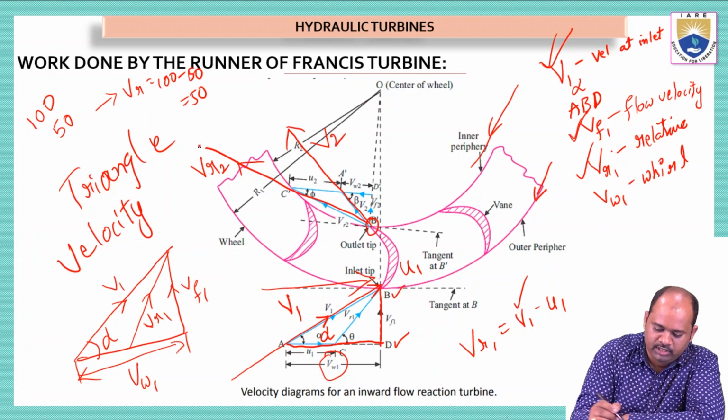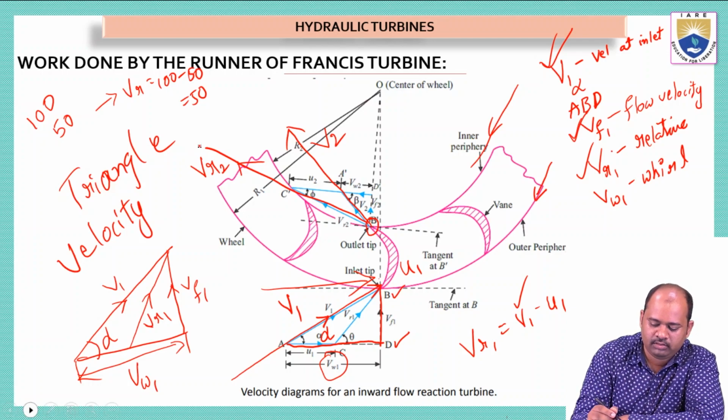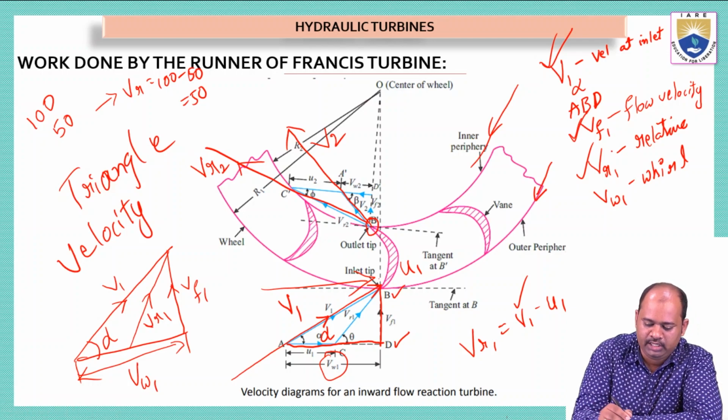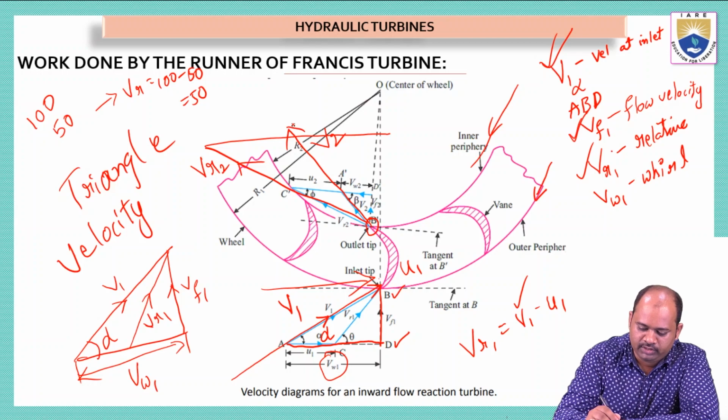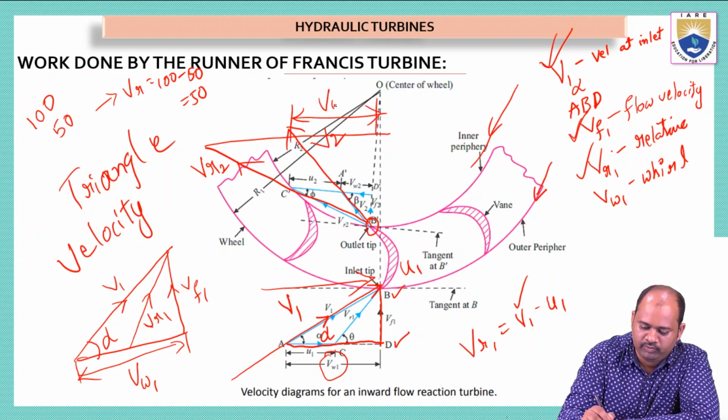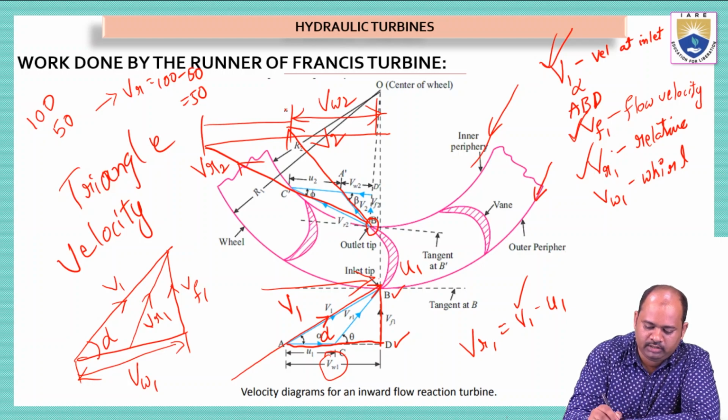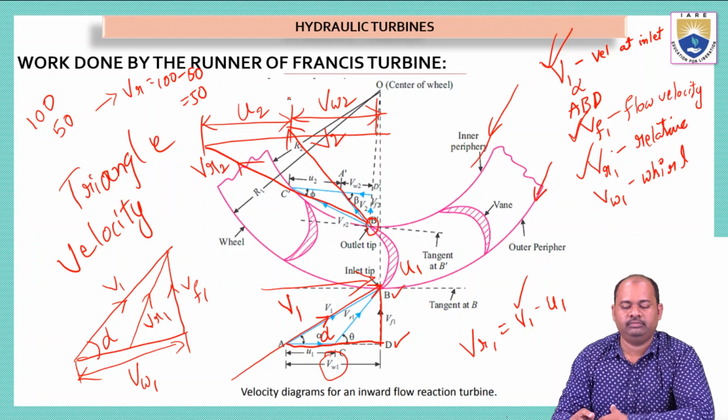Here the relative velocity is longer when we compare it to the inlet. If we form this triangle, this will give you the actual values of the whirl velocity. From here to here it is whirl velocity, vw2, and this is the velocity of the turbine.